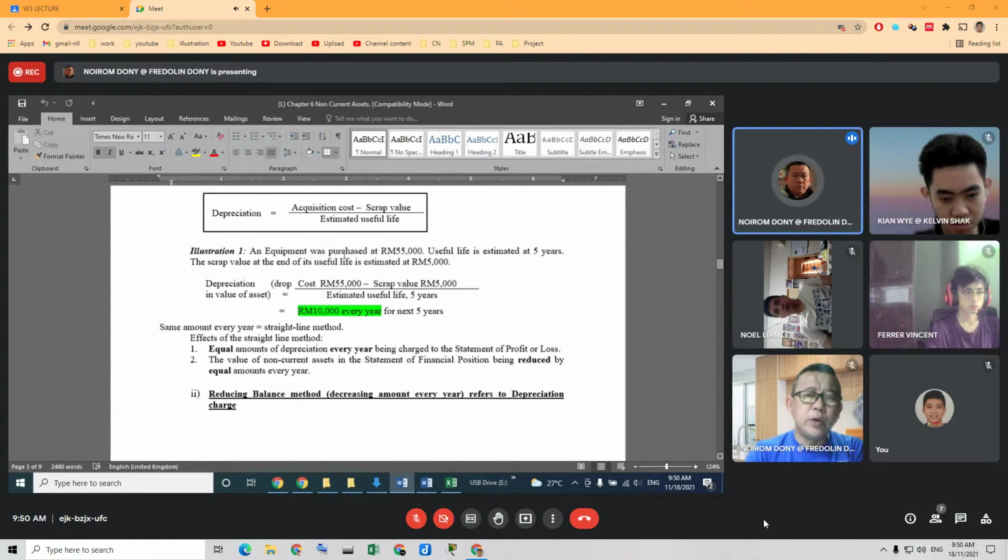So when you want to calculate the depreciation, you apply it on the cost. Like this one is 55,000, isn't it? So you are given 20% as the percentage. So 20% of 55,000, every year, 20%.